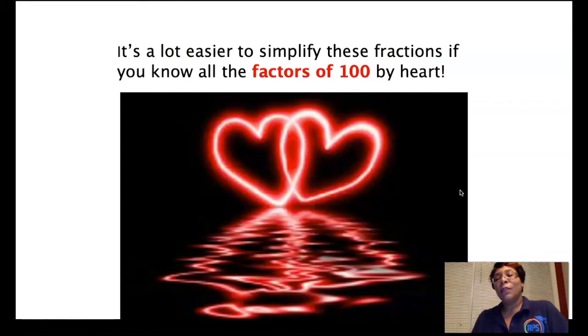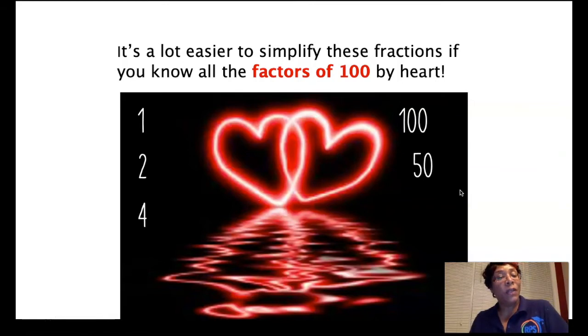So to make this a little easier for us, let's try to learn our factors of 100 by heart. Always think in terms of money as well if you can. So our factors of 100. 1 and 100, because 1 times 100 gives me 100. 2 and 50, because 2 times 50 gives me 100. 4 times 25, because 4 times 25 gives me 100. 5 times what?